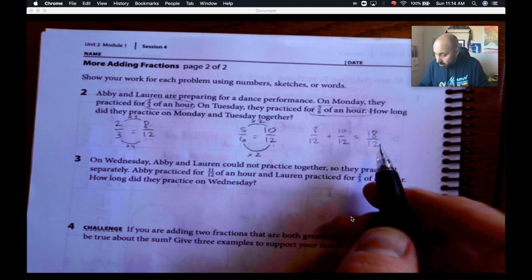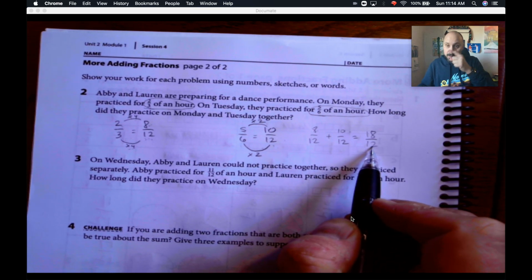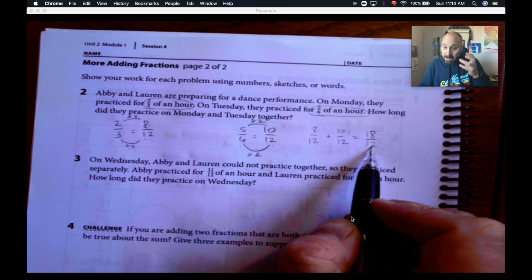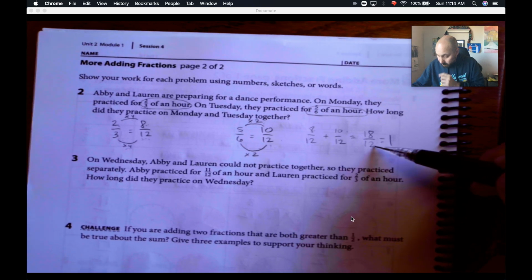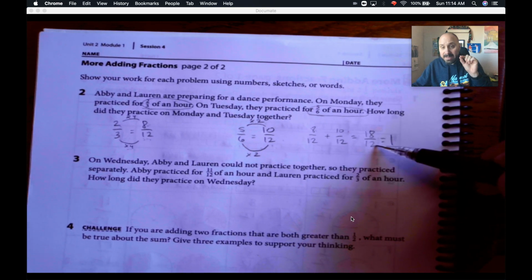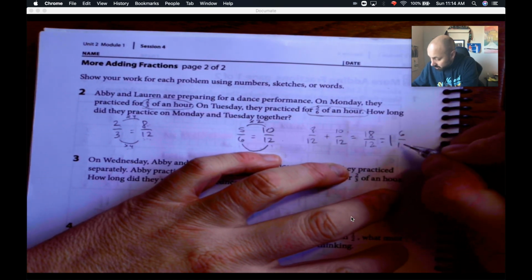So if I know that there are 12 numbers in a clock to make one whole, I know I'm going to have one whole hour. And then how much is left over if I take 12/12 away from 18/12? 12, 13, 14, 15, 16, 17, 18. 6/12 left. Apologize for my dogs.